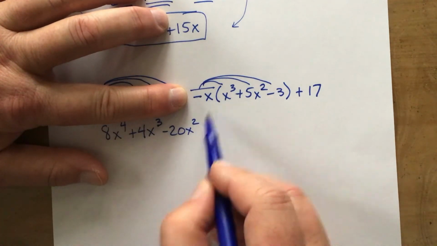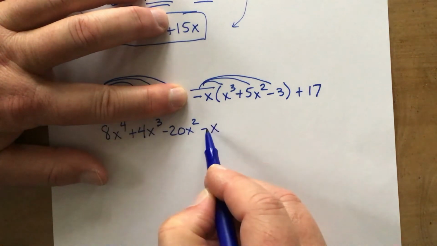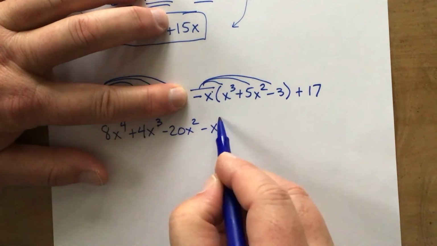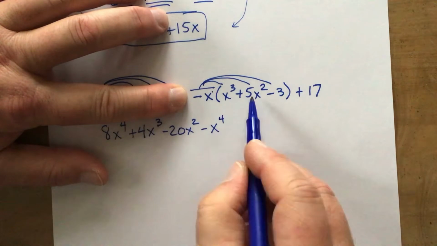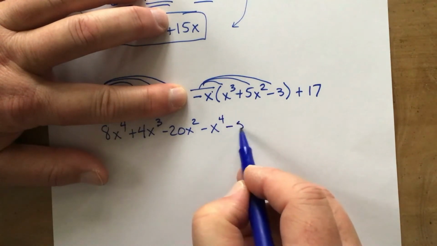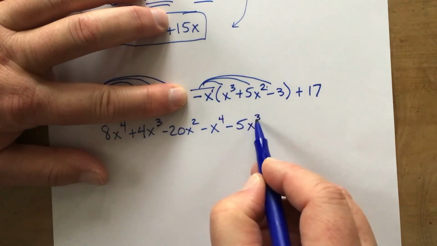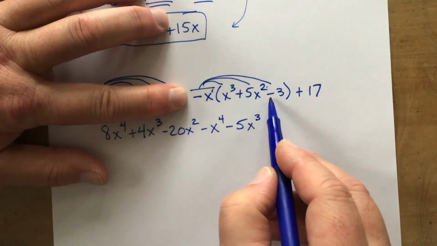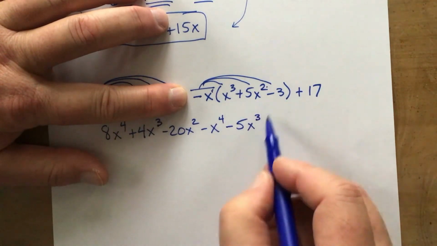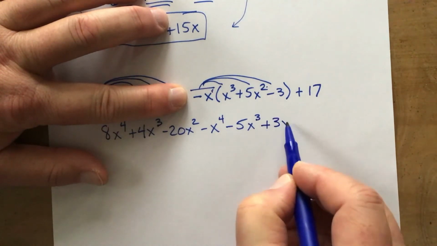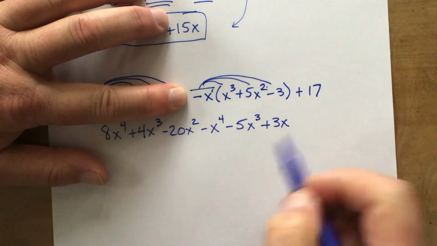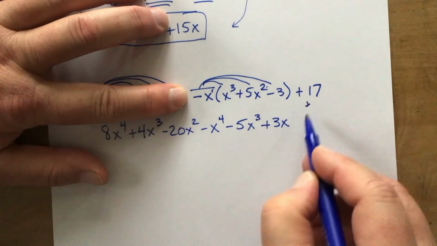So -1 times +1 is a -1, and then we have x to the 1 plus 3 is 4. Negative times a positive is a negative, and we put the 5 down. 1 plus 2 is 3. And then -x times a -3 is a positive 3x. And then we bring down our plus 17.